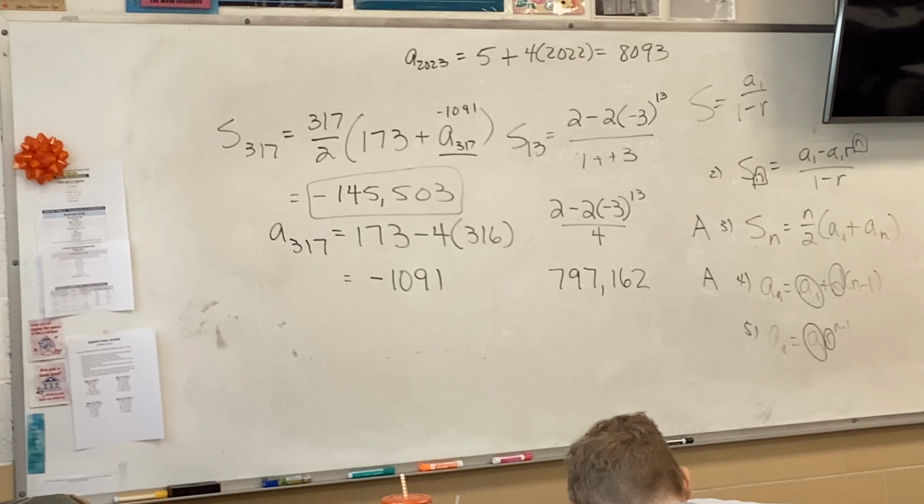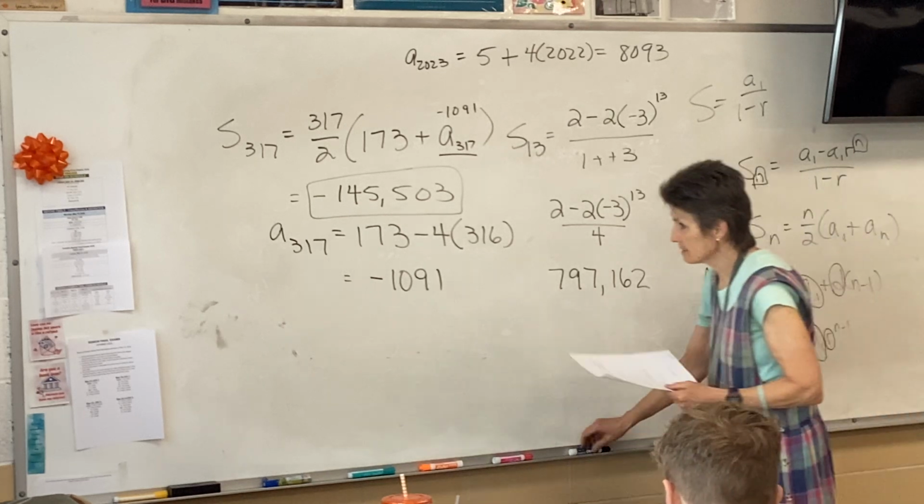How about D? Arithmetic, we are adding -2. The difference is -2. And how about E? Geometric, the ratio is 1/2. We're multiplying by 1/2.